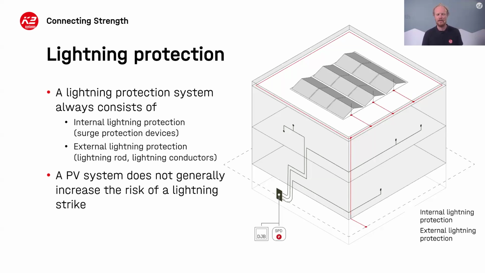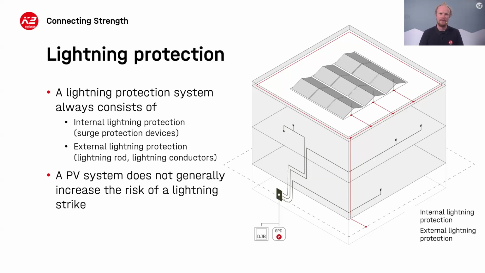What you think of when you think lightning protection are usually those little rods that sit up on the roof. These are what we would call our external lightning protection. Whether it be a conductor or a rod, this is designed to help avoid lightning strikes, or distribute the load once a lightning strike has occurred.